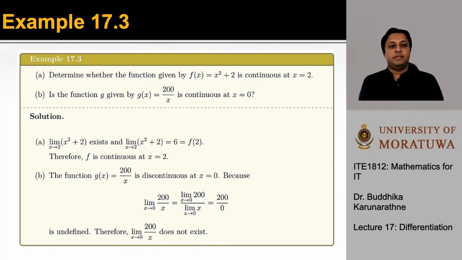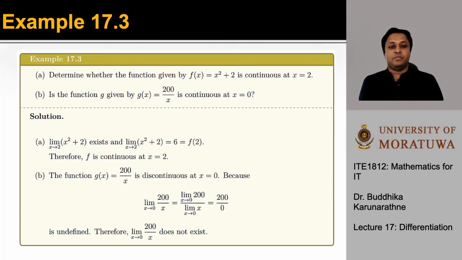For Part B of this example, we need to identify whether the function g(x), defined as 200 over x, is continuous at x equals 0. So we examine this. The function is 200 over x, but the problem is that at x equals 0, the limit cannot be defined because it's division by 0.